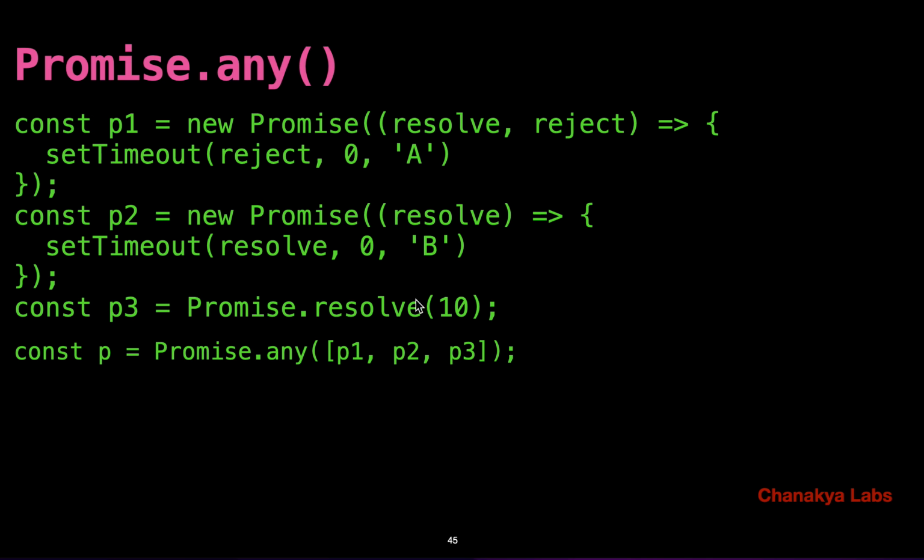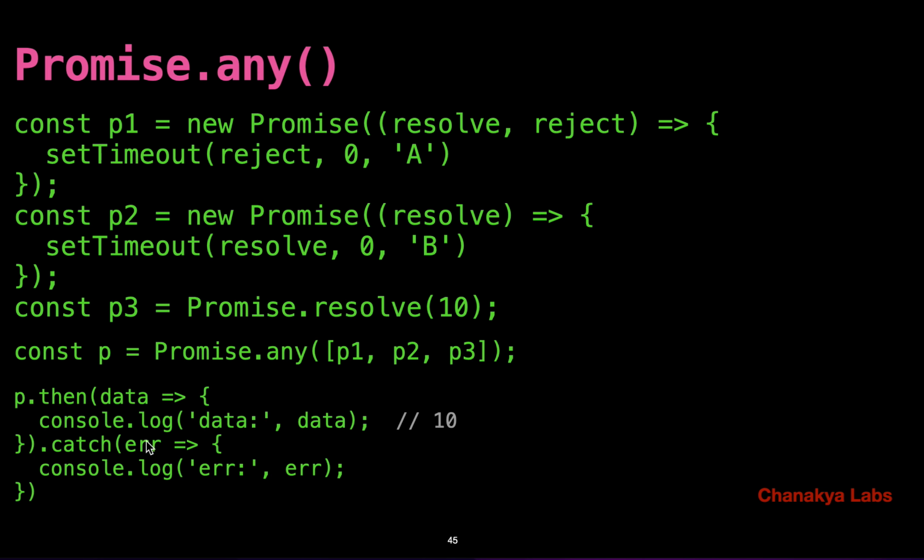That thing will resolve as soon as the next event loop starts, but this one is obviously before that, even if it is written later. So here there is competition between p2 and p3, and p3 wins even if it is declared after, because it is already a resolved promise. And that's why in this case also the answer will be 10.